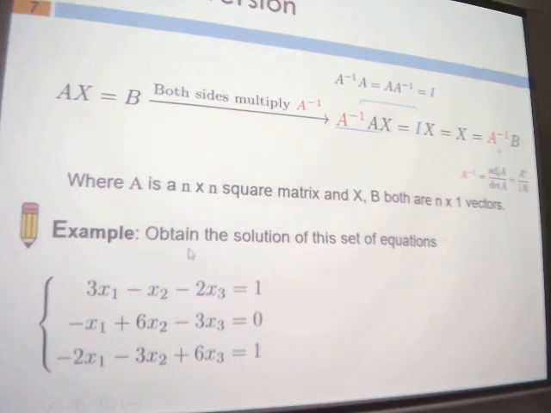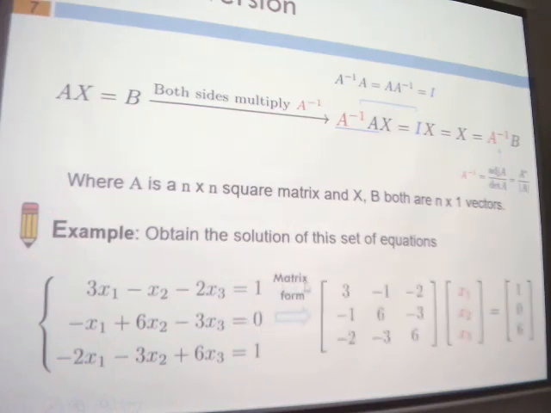Here is the example. Please obtain the solution of this set of equations. Here is the equation array with 3 equations. For this one, we can easily get the matrix form, right? Just take the coefficients: 3, minus 1, minus 2; minus 1, plus 6, minus 3; minus 2, minus 3, plus 6.